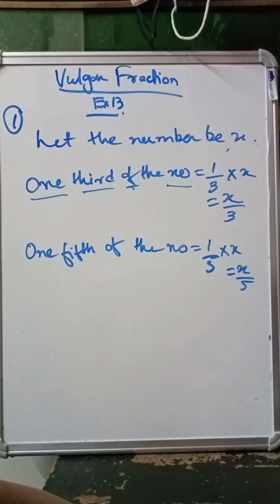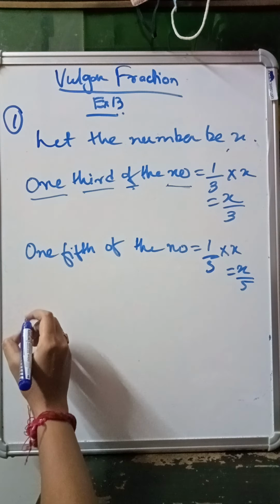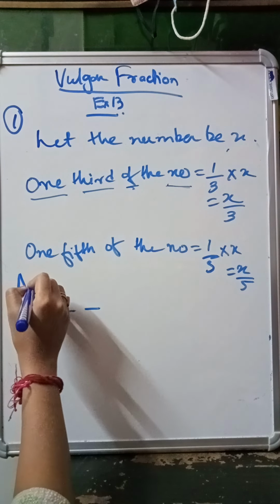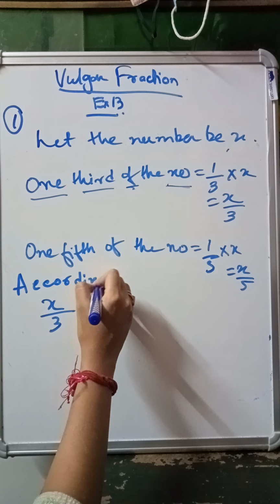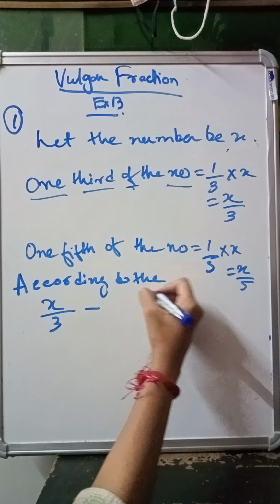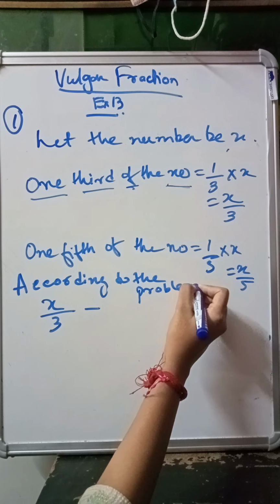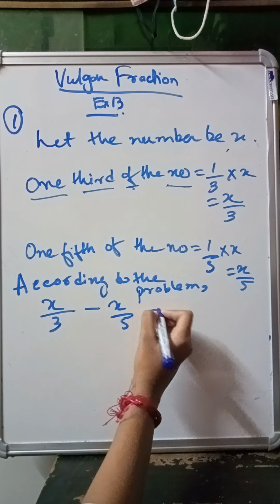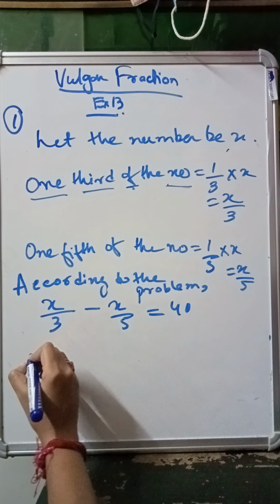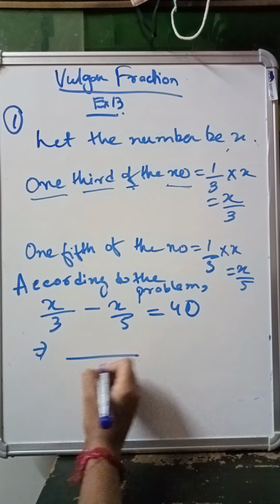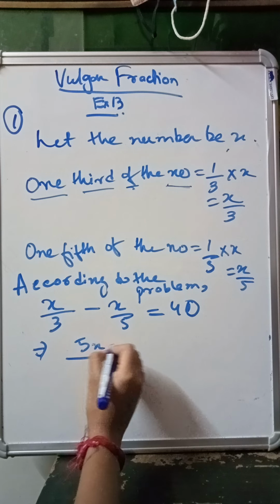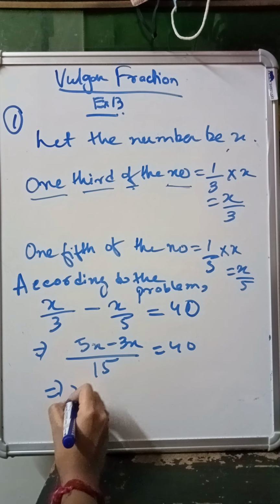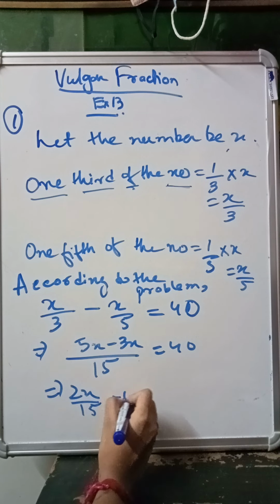It has been said the one third of the number exceeds its 1/5, that is x by 5, by 40. Exceeds, always remember. So according to the problem, if I do the calculation, the LCM will be 15 and this will be 5x minus 3x, so this will be nothing but 2x by 15 equals 40.